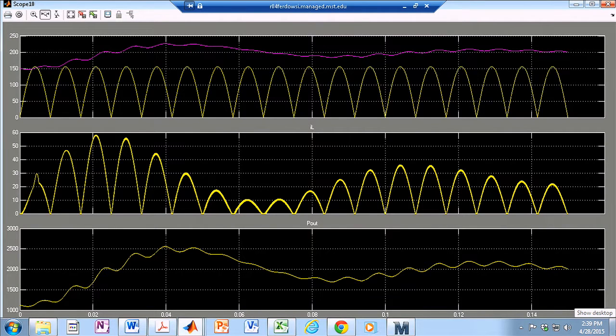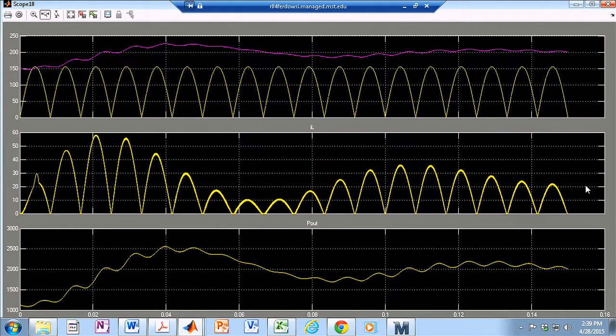I probably should run it for a longer time. Your output voltage is getting close to 200, and you can see that the inductor current is just all over the place. But hopefully it's going to settle down. If you neglect this weird-looking transient, it's not that big a deal.